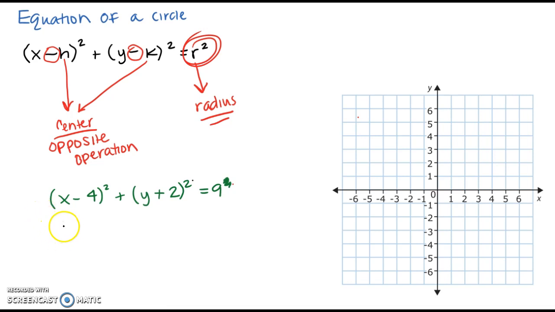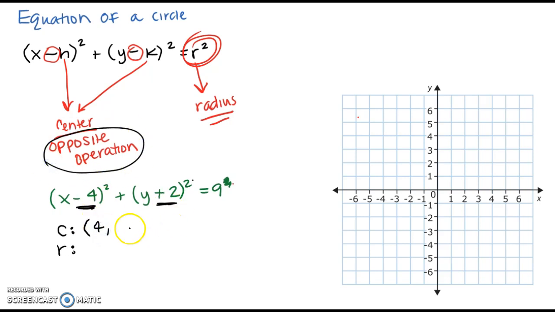To graph the circle, you need to know the center and you need to know the radius. Now again, the 4 and the 2 represent your center. You always do the opposite operation. This is going to be a positive 4. It's going to be a negative 2. And then your radius in the equation is represented by r squared. So you'll have to square root this number, the 9, and get a 3.